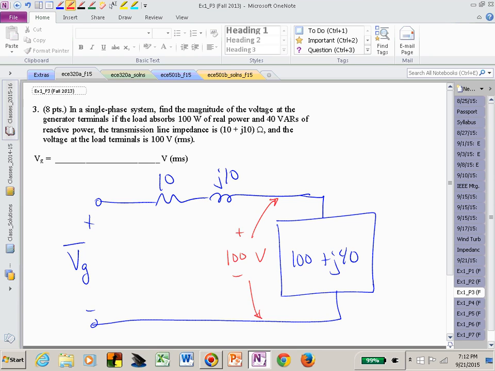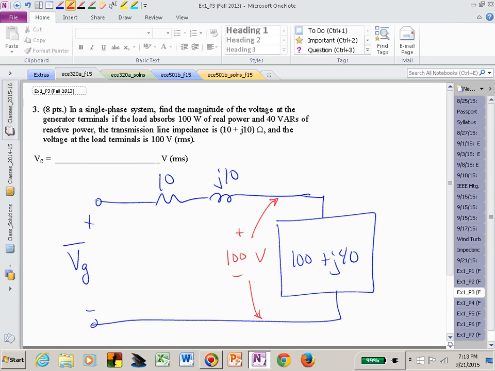You do need to keep track of the phasors, in the sense that once you've assigned it, I would probably just assign the voltage at the terminal of the load to be my reference. Then I can simply divide that complex power by 100. That gives me my I star.